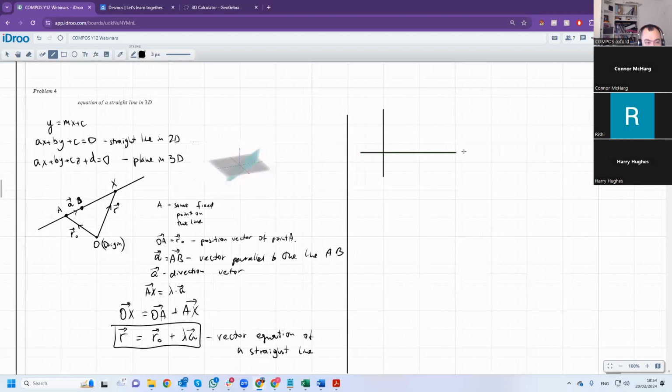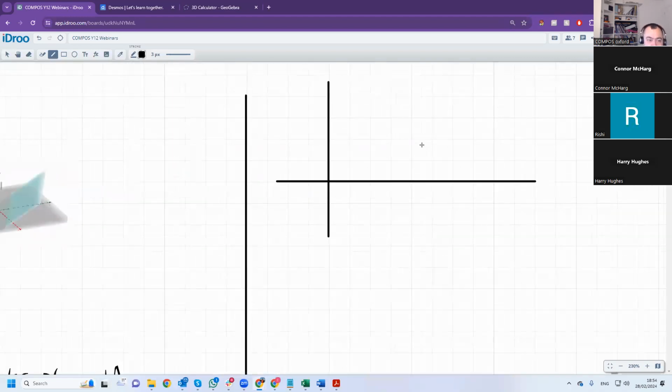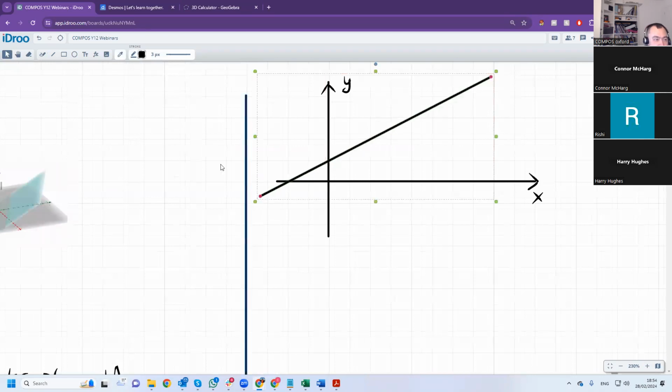Let's try to draw a vector form of some easy line. So let's say we are in 2D, X and Y, and we have a line like this. This is 1. This is 1. So can somebody give me the equation of this line?